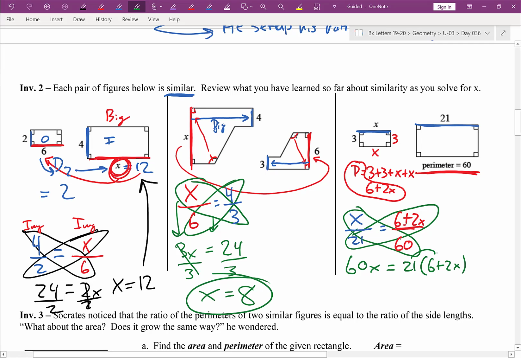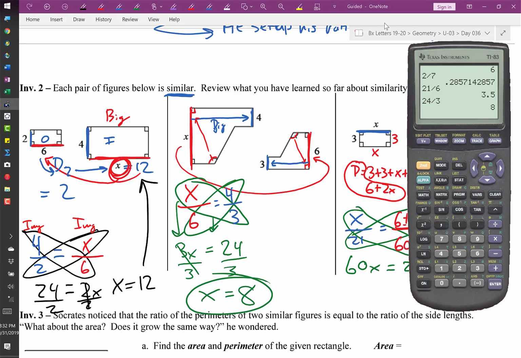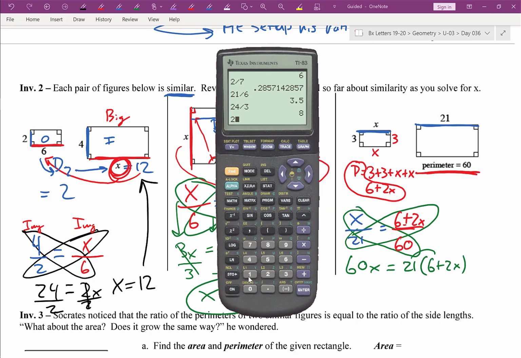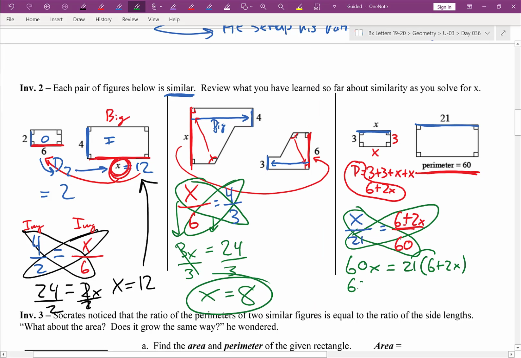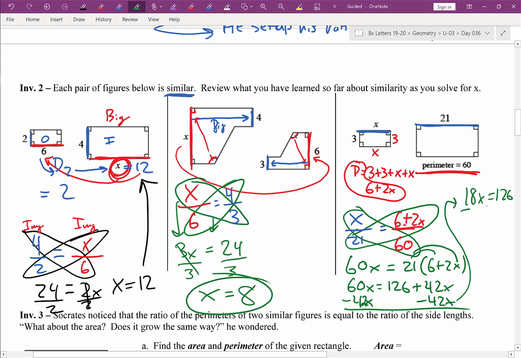I distribute. I have more important things to do than 21 times 6 in my head. It's 126, so I'm going to have 60x equals 126 plus 42x. Subtract 42x. 60 minus 42, so what's that? 18x. So I'm going to get 18x equals 126.